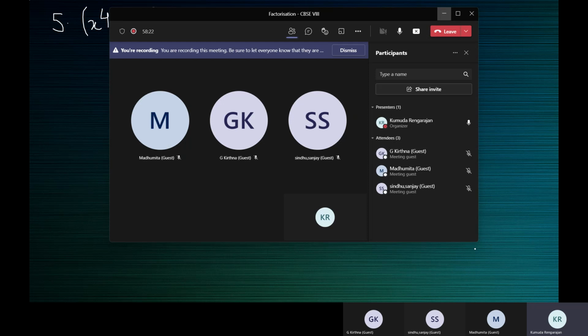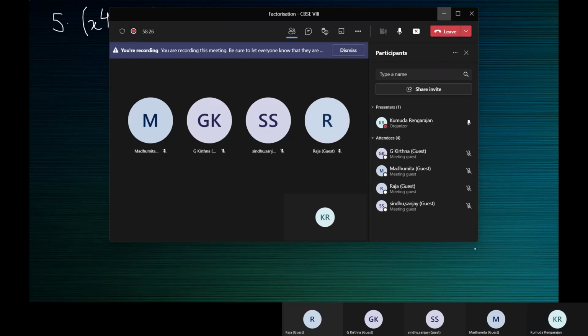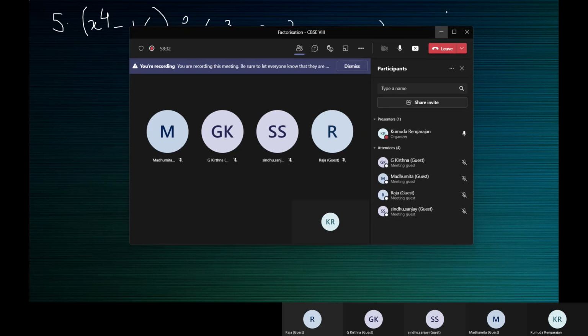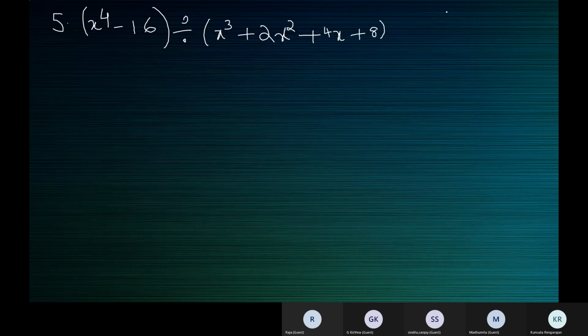Raja is not there. Raja is back. Okay. Yes, Madhumita, what's the answer? Ma'am, x square minus 4 by x plus 2, ma'am. Okay, let's see if it is right. What about Raja, Kirtana?